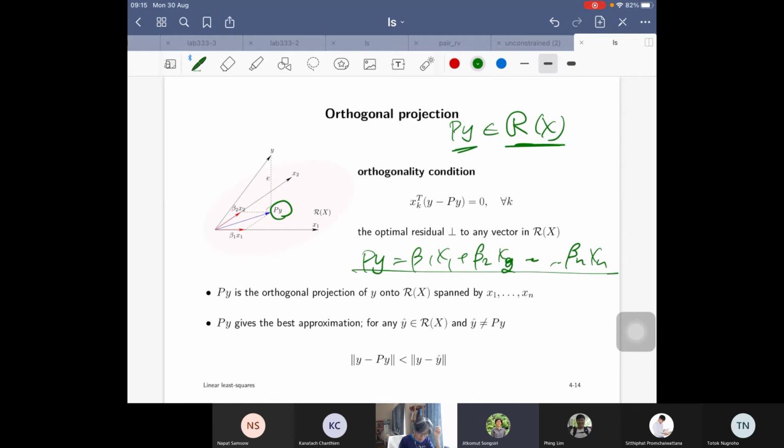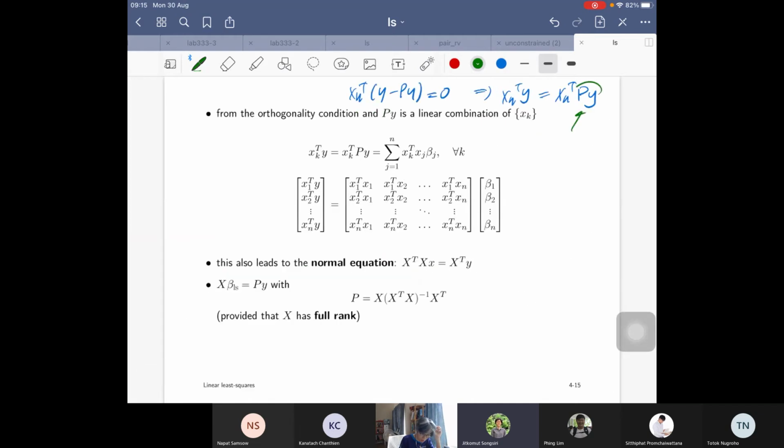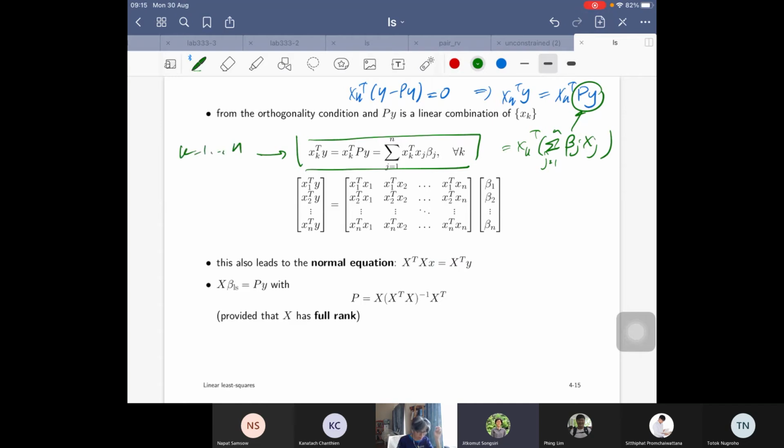So I'm going to put this expression of py back into this equation. Now we have formed this equation for all k from 1 to n.